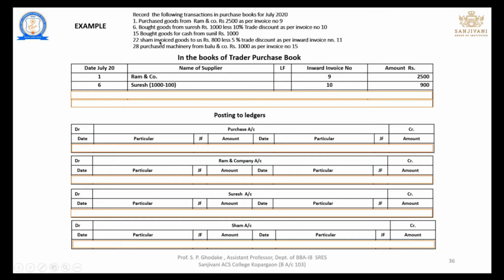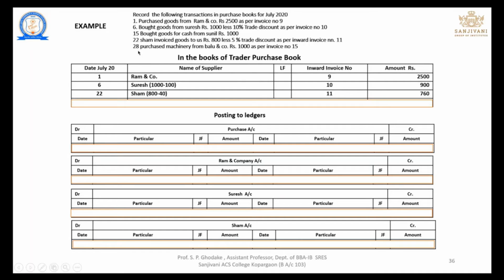Here we have purchased the raw materials from Sham. On the 22nd we have Sham, and a total of 800 rupees of goods is purchased and he has given 5% discount. So 800 into 5% is 40. 800 minus 40 gives us 760.